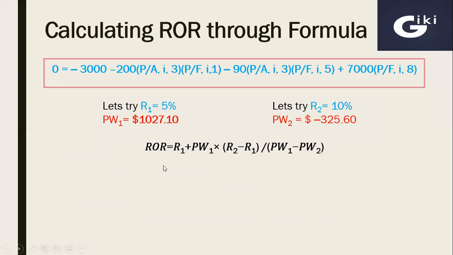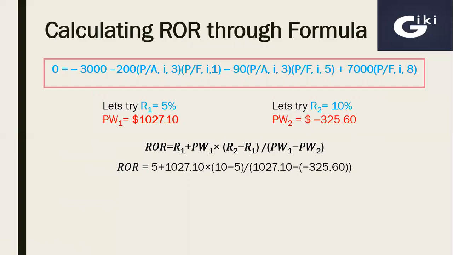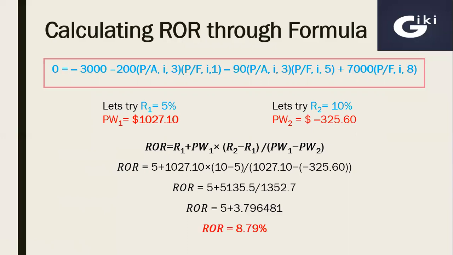So here is the formula: rate of return is equal to first rate of interest plus first present worth multiplied by difference of rate of interest divided by difference of present worth. So 5 plus 1027.10 multiplied by 10 minus 5 divided by 1027.1 minus 325.6. So rate of return will be equal to 8.79% in either case.